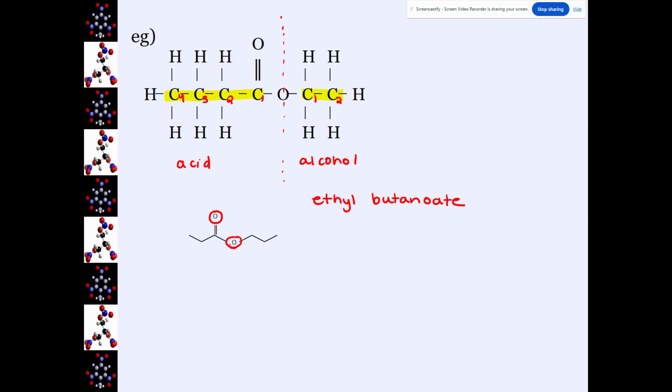So my carbons, there's a carbon, carbon, carbon, carbon, carbon, carbon. There's actually 3 carbons on both sides. So the name of this would be propyl from my alcohol side. There's 3 carbons. And my acid side also has 3 carbons. So it's propanoate. So the name is propyl propanoate. Okay?